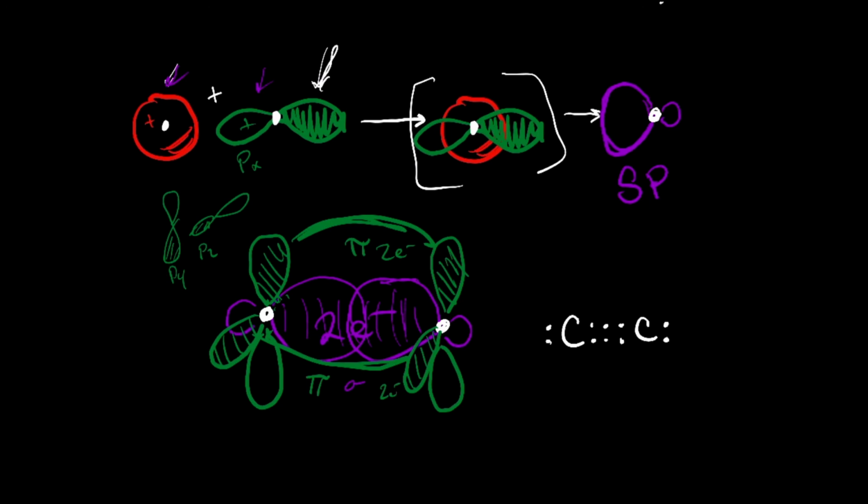and if we balance that with a hydrogen, we've actually made the molecule acetylene, right? So this is, if we were to just draw these in, acetylene. Now, what does that look like over here?